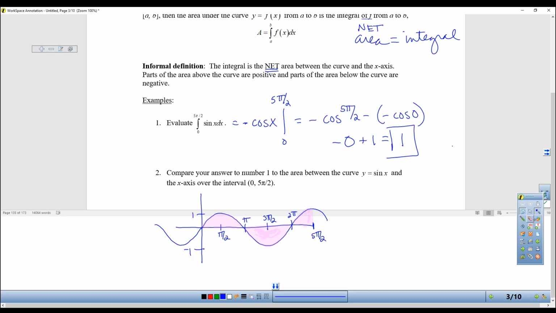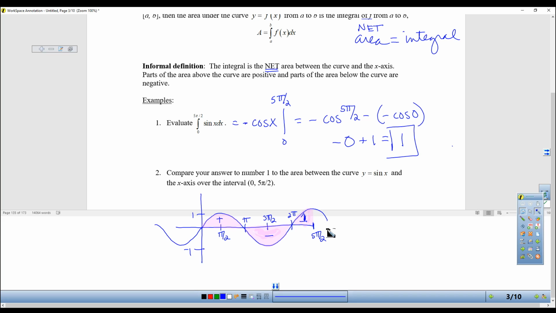If area means integral, are you telling me that this entire pink area is equal to 1? Of course it's not, because this is a positive area and this is a negative area. So they've canceled each other out. This must be equal to 1 because that's all that's left.